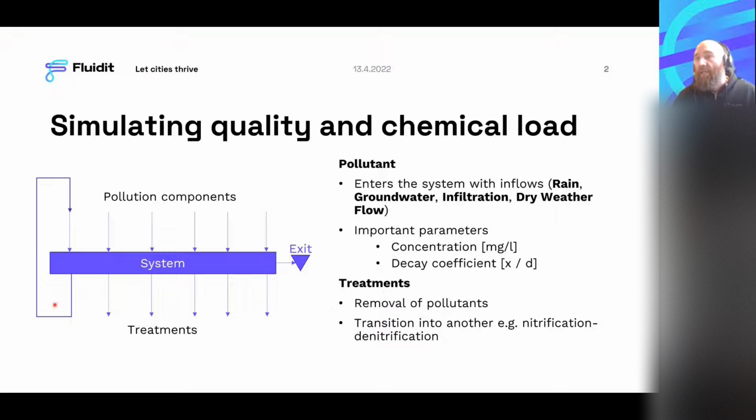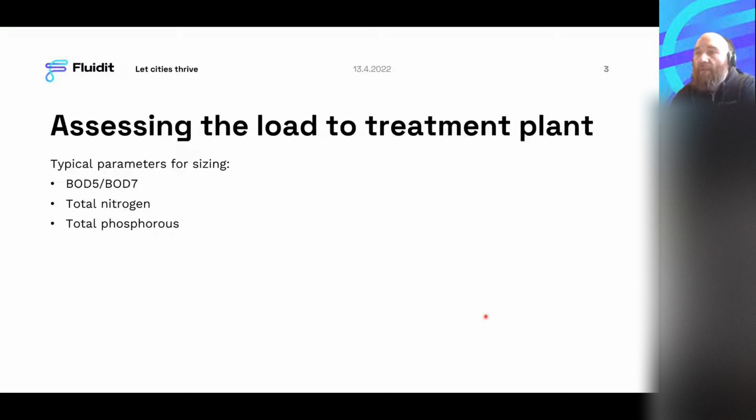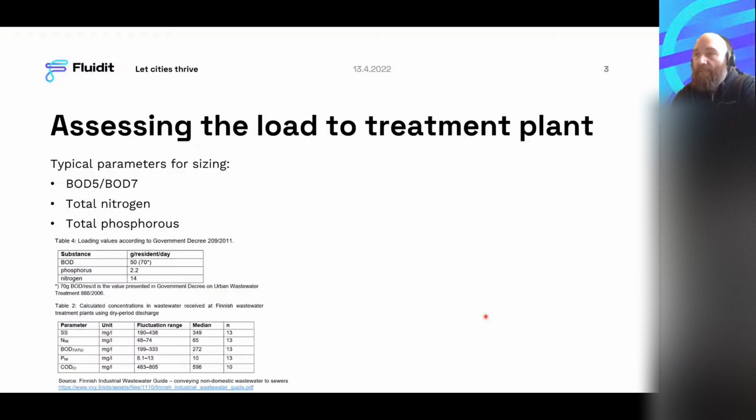The transition into another chemical could be, for example, nitrification and denitrification in the process if the weather and the temperature is right in the system. We're assessing the load to treatment plant. So usually the basic parameters for sizing treatment facilities are BOD, biological oxygen demand, total nitrogen, and total phosphorus.